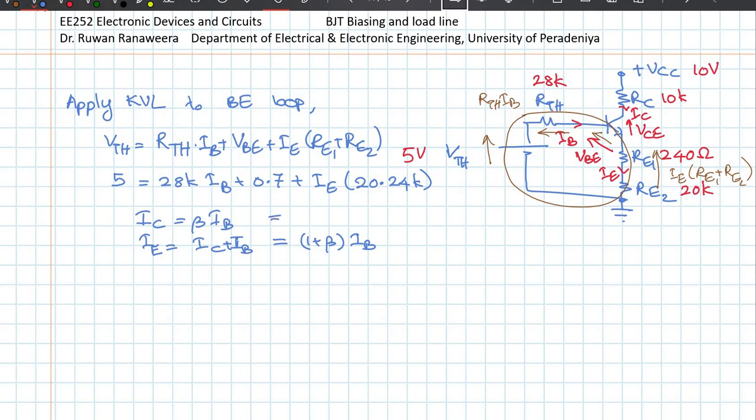So this IC is equal to 50 times IB. This is 51 times IB. Okay, so if we continue with exact values, I can write the above equation as 5.